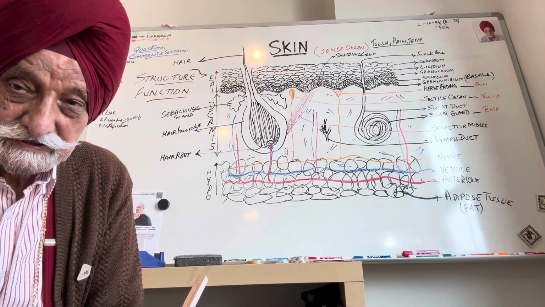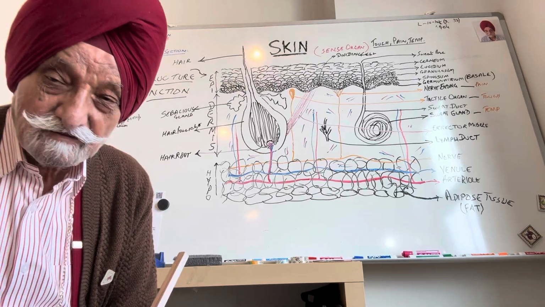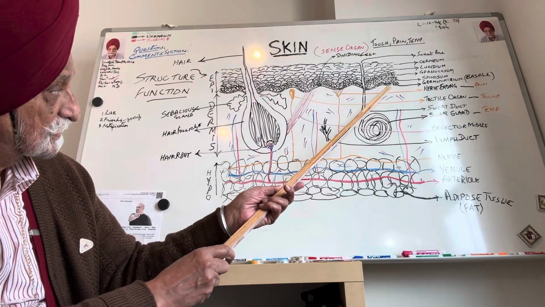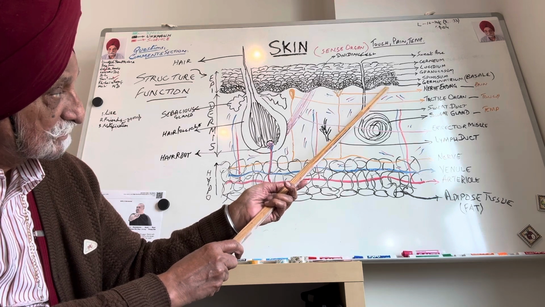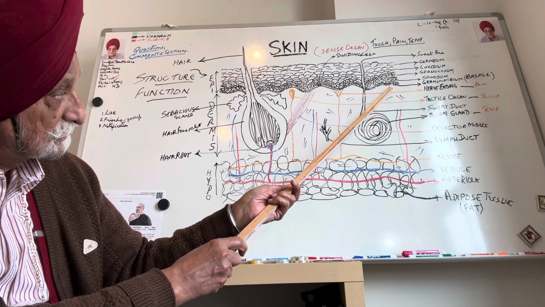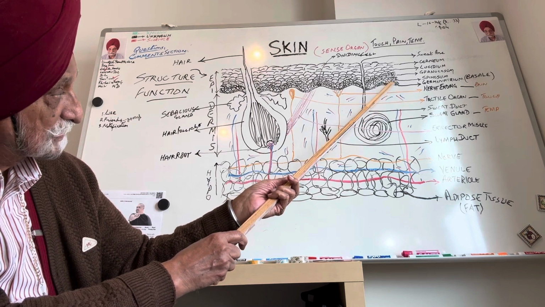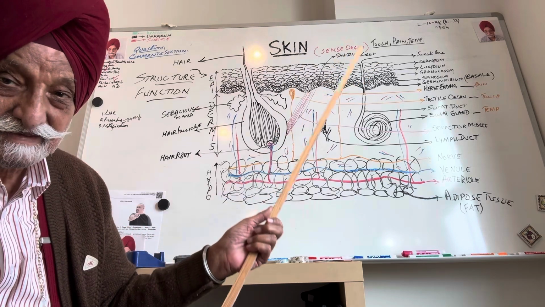The epidermis consists of many layers of cells which are gradually formed by a layer at the base called the basal layer, or layer germinarium. This layer gives rise to the cells above it.